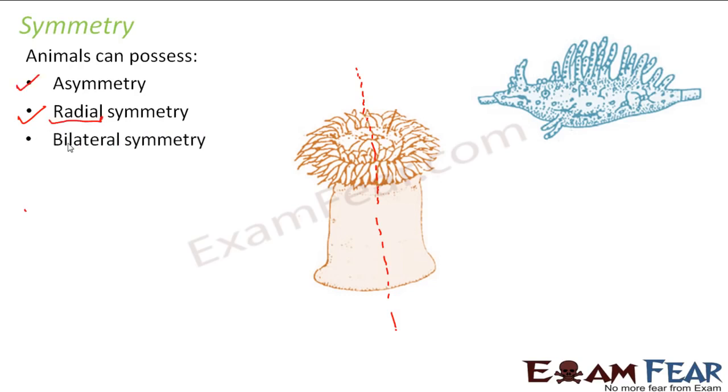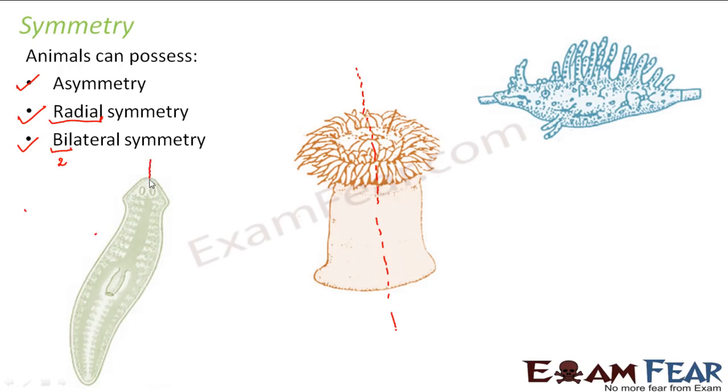And the third one is bilateral symmetry. What is the meaning of bilateral symmetry? Bi means two, and lateral means side, so when you divide an object laterally, you will get two parts which will be mirror images of each other. Let us take the example of this planaria. It is a platyhelminth.